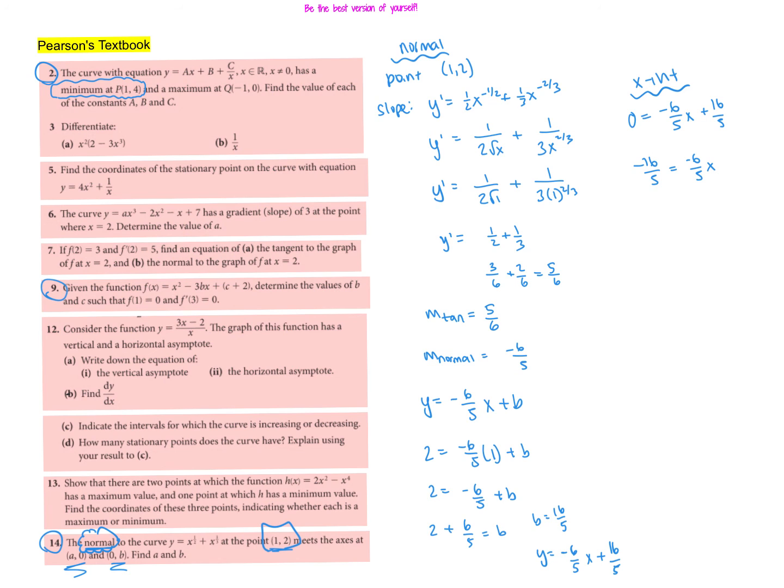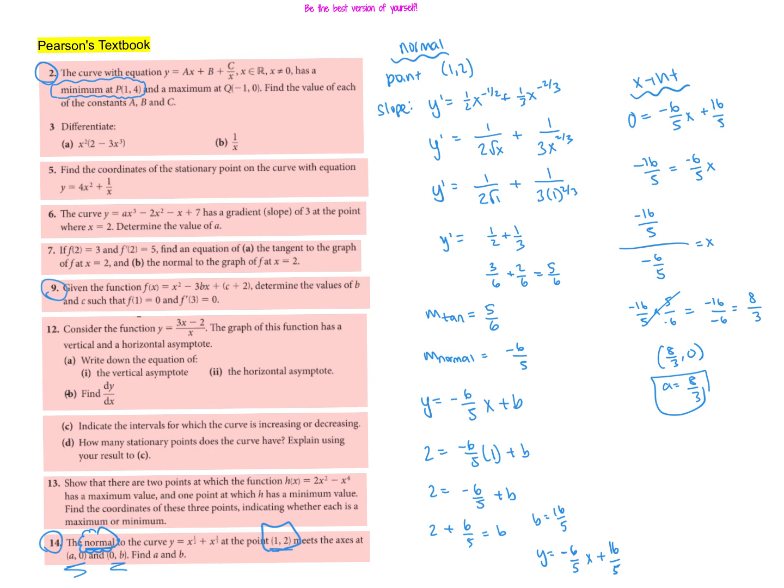And then I'm going to divide by negative 6/5, which means, remember, keep, change to multiplication, and flip. So I would have negative 16 over negative 6, which reduces to positive 8 over 3. So we have (8/3, 0), which means a is 8/3.